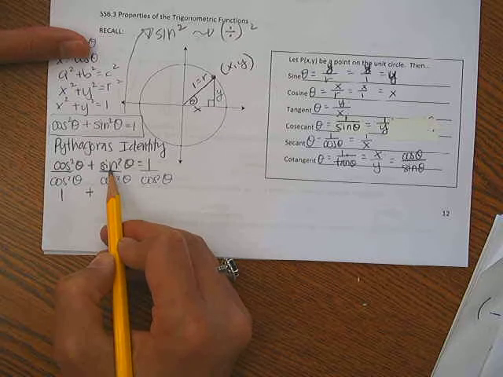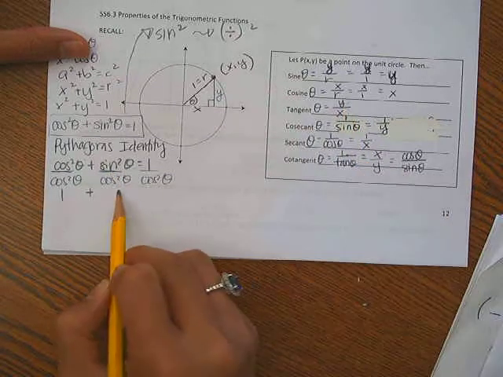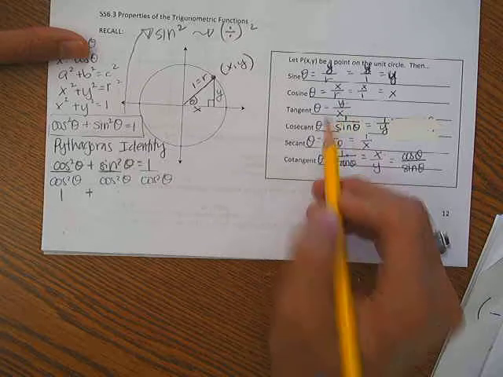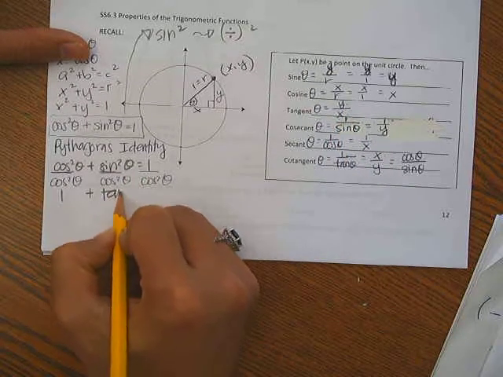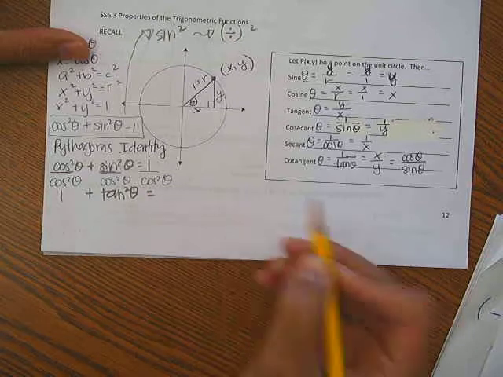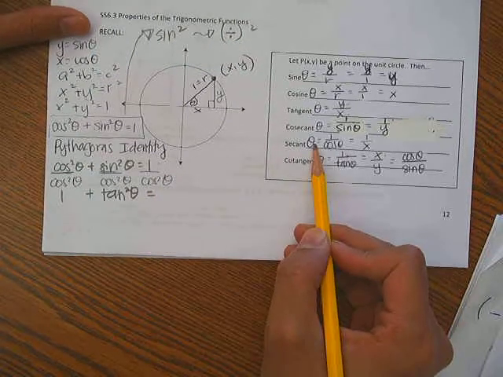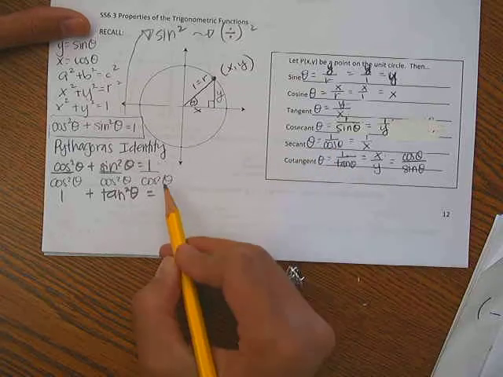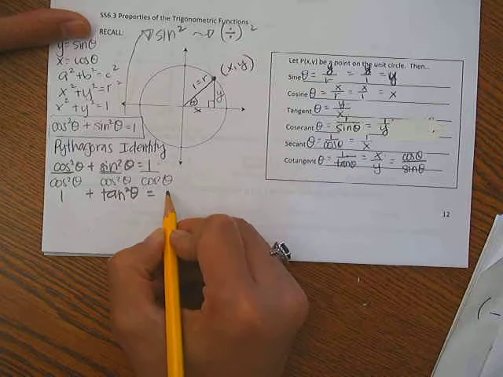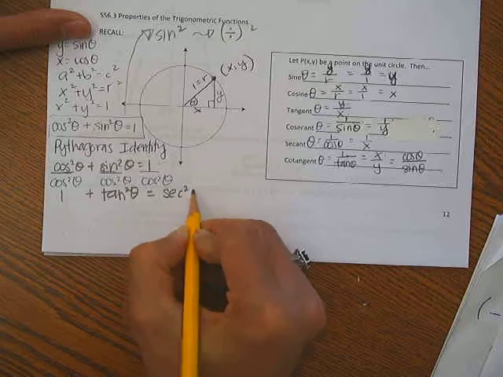Well, sine is y, cosine is x, y divided by x is going to be tangent. So this becomes tangent square of theta equals 1 over cosine square. Well, if I look at this table right here, 1 over cosine is secant. So this becomes a secant square of theta.